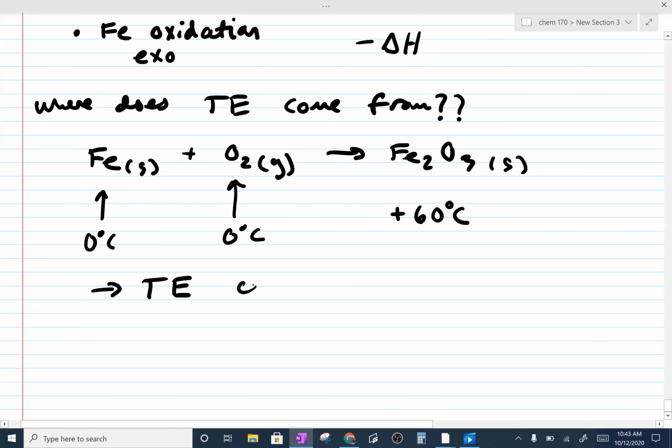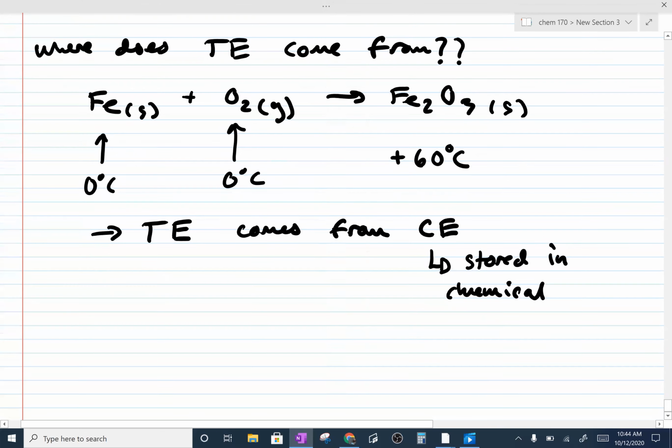So thermal energy comes from the chemical energy that's stored in the chemical bonds, or in the positions of electrons and nuclei.